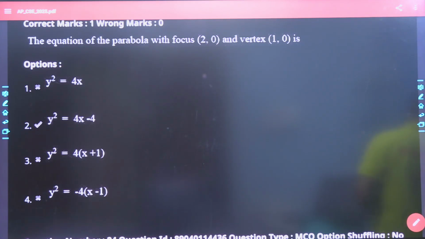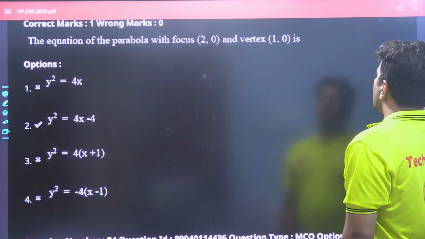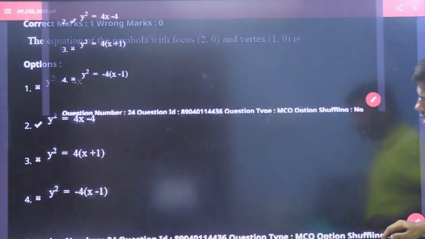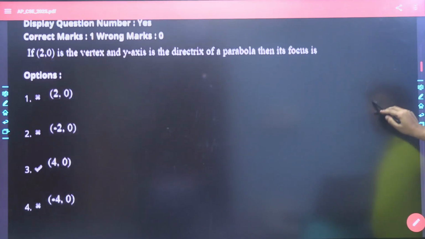So you can see the next question is what?